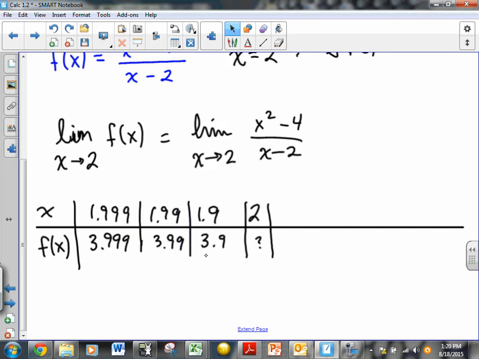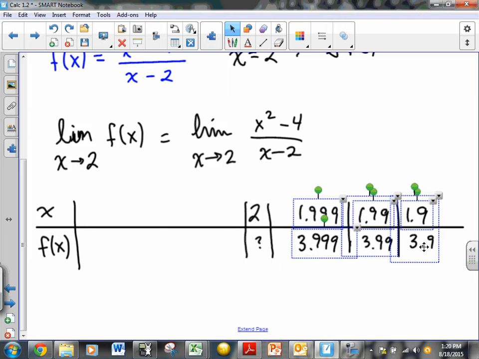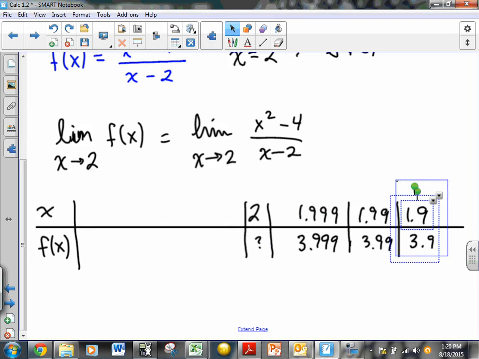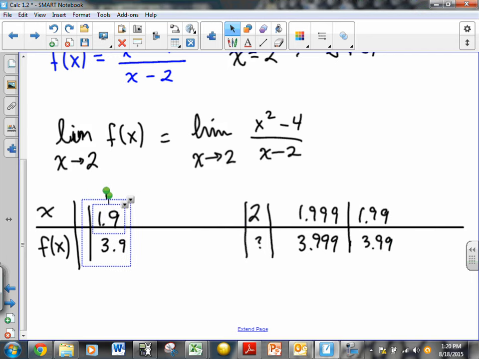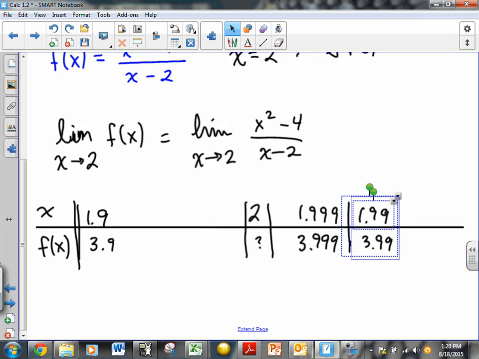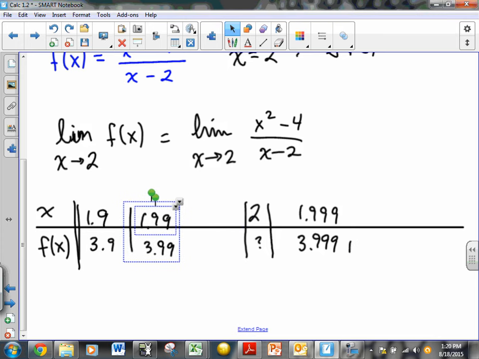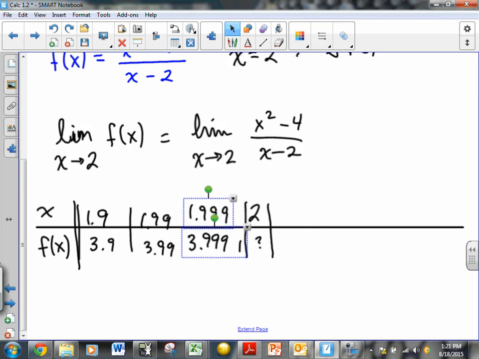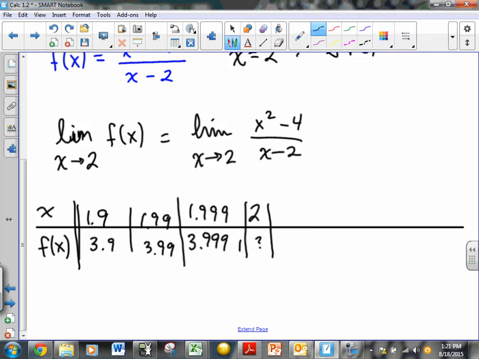This should probably flip around. Sorry, 1.99, and 3.99, 1.999 and 3.999. Okay, sorry. Hope you get the idea. I just screwed that up. But give me a break.